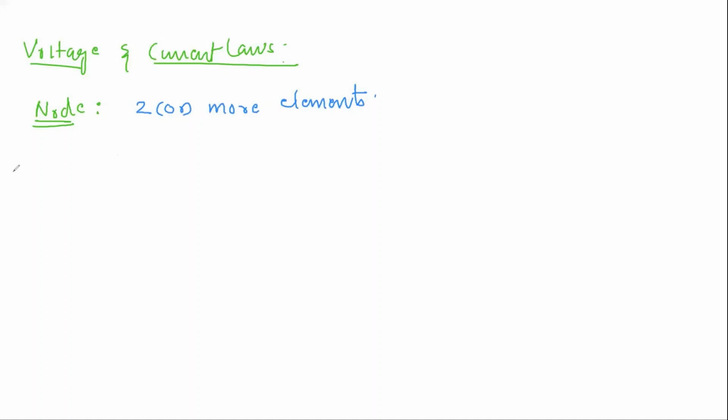Next. Now I will give you one thing. You have to say how many nodes are there. I am referring to a standard textbook, Hayt and Kemmerly, where you can find this kind of circuit.